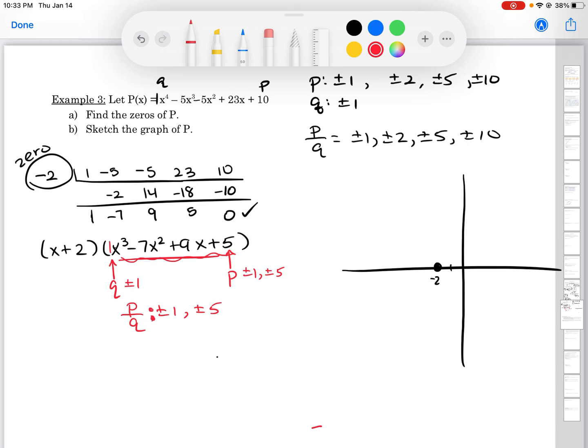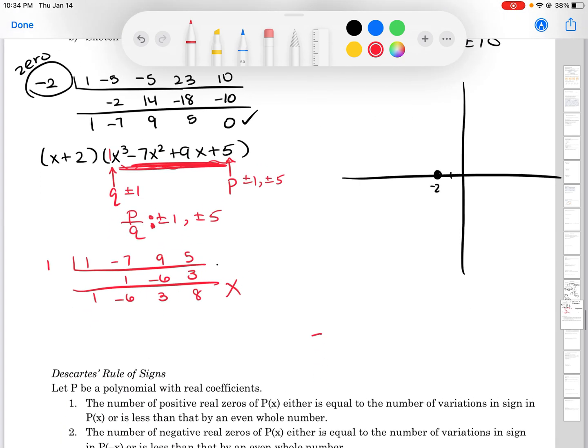So now this is what I want to synthetically divide to see if I can factor that part anymore. Maybe I pick 1. So we have 1, negative 7, 9, and 5. 1, 1, negative 6, negative 6, 3, 3, and that is going to give me 8, so that's no good.